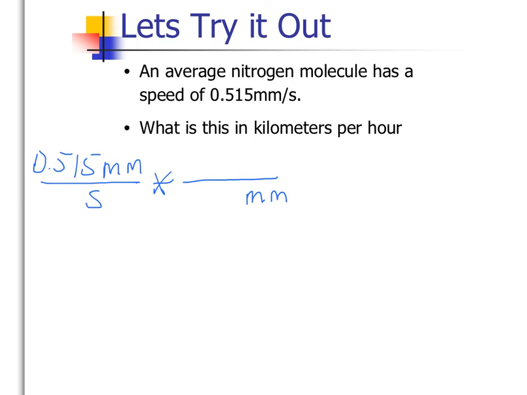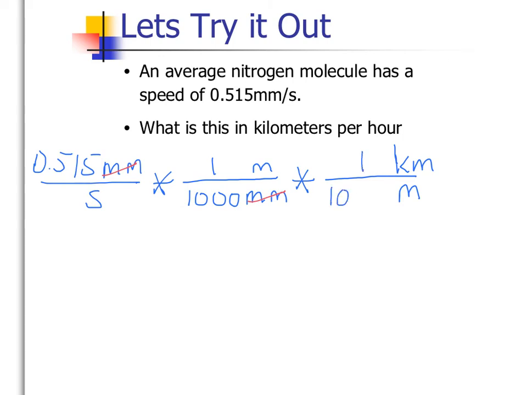Ultimately, I want to go to kilometers, but I'm going to start by getting into meters. And since meters is bigger, it gets the 1. There are 1,000 millimeters in 1 meter. Algebraically, my millimeters cancel out, setting me up to now convert into kilometers, ultimately the distance label that I want. Kilometers is bigger.